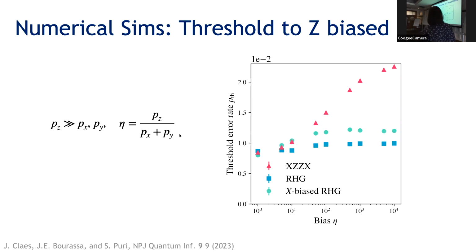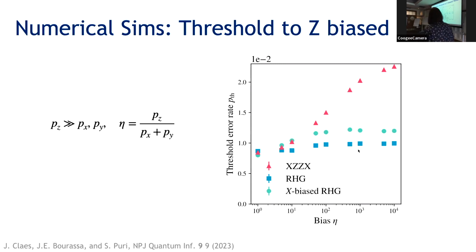So on this figure over here, I plot the threshold versus the bias for the XZX cluster state, and as you can see, I get an improvement almost by a factor of 2 of the threshold as the bias increases. If I had used the conventional RHG cluster state, which is basically a teleported version of the regular CSS surface code, then I do see a slight improvement in the threshold with the bias, but not very much.